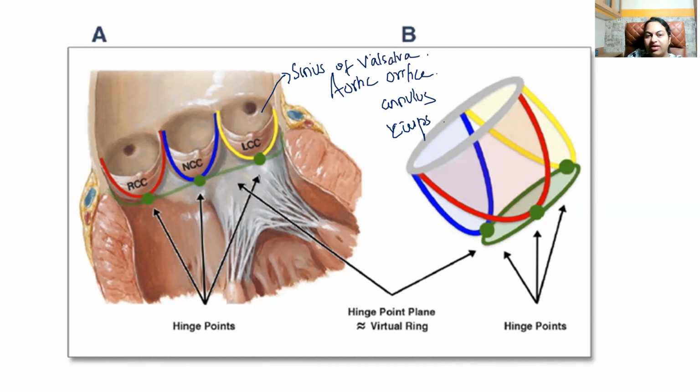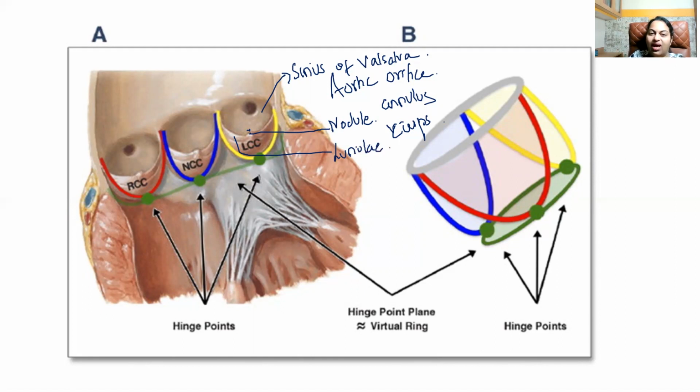Another characteristic of the semilunar valve is that the free margin of both the aortic and the pulmonary valve, in the center, presents a thickening which is called the nodule. And the margins will be sort of thinned out, that is called lunulae.